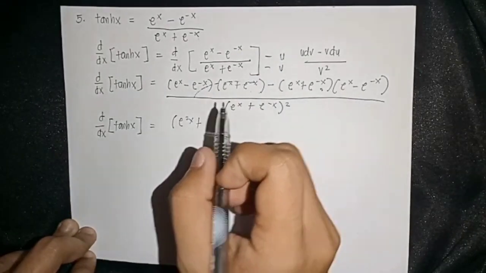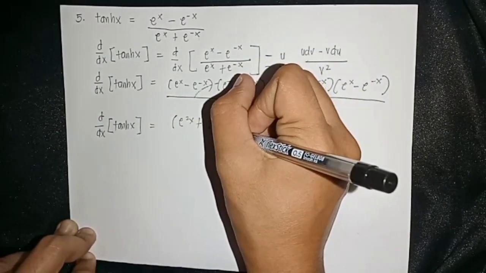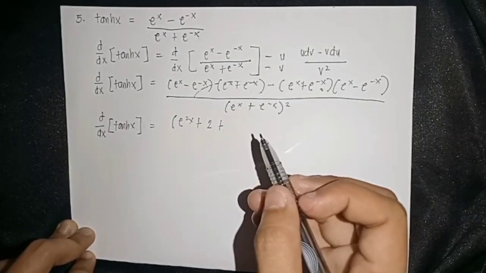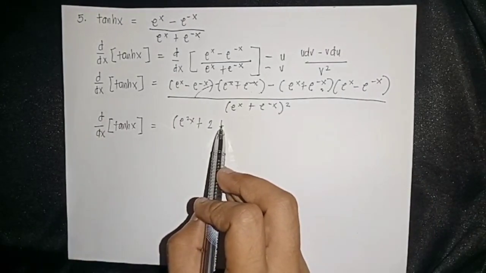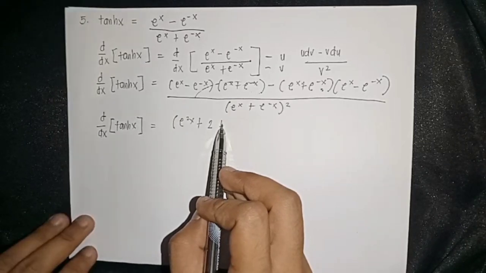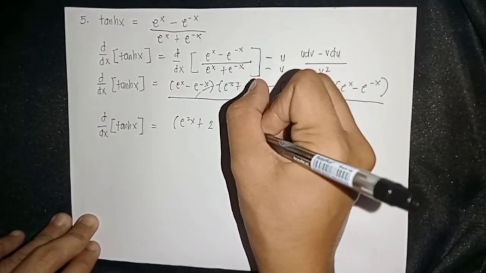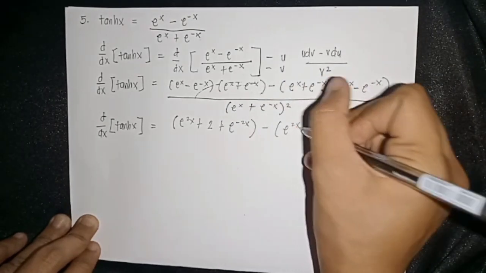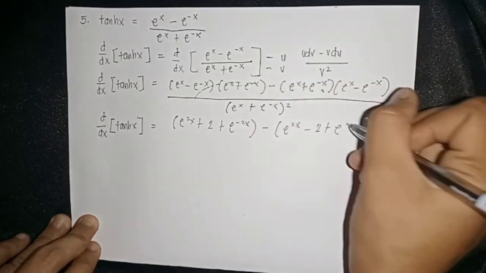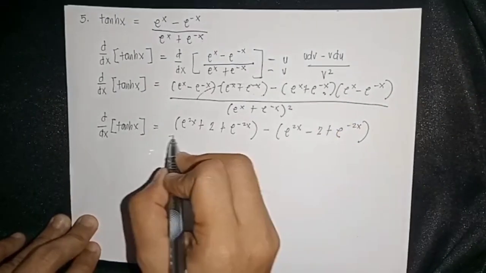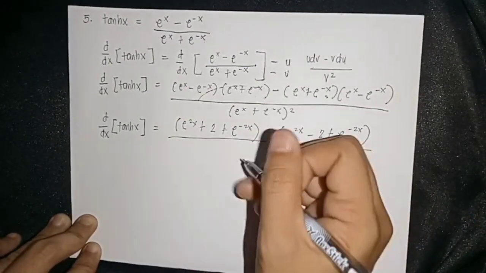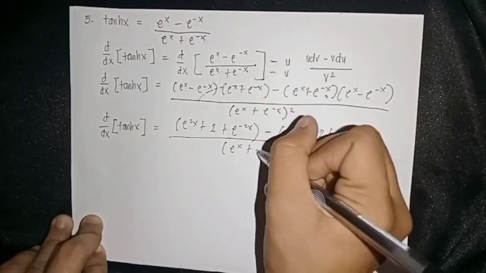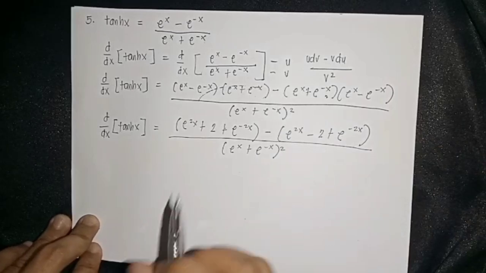So it is equal to e raised to 2x plus e raised to x times e raised to negative x, which is 2. Again, we need to substitute. So e raised to x times e raised to x is equal to e raised to 2x. Then minus 2 plus e raised to negative 2x. The v squared is the e raised to x plus e raised to negative x squared.